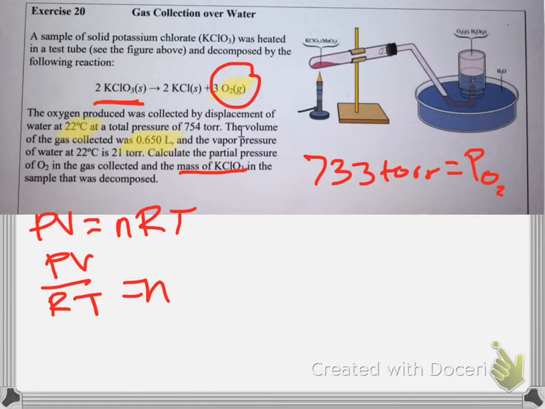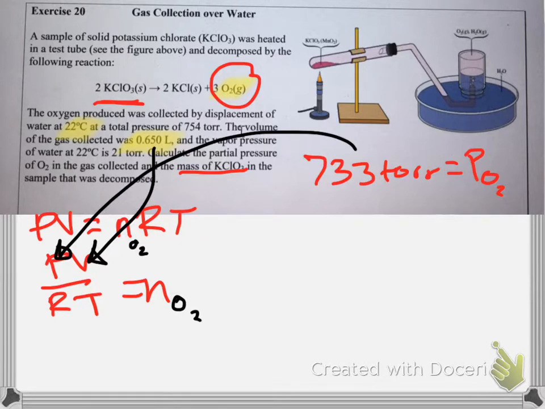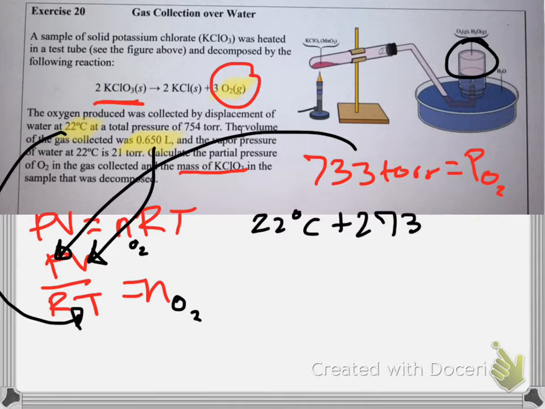Remember, we are looking for moles of oxygen. So our pressure will be our pressure of oxygen. The volume is the volume of the gas because the oxygen is taking up this volume. Our R is a constant, and the temperature, we will need to convert 22 degrees Celsius into Kelvin, so we will add 273, and our temperature will be 295 Kelvin.